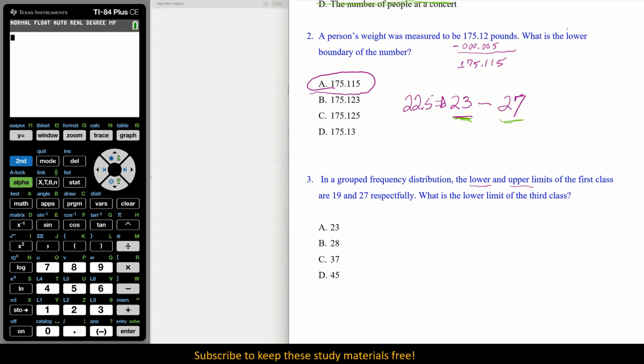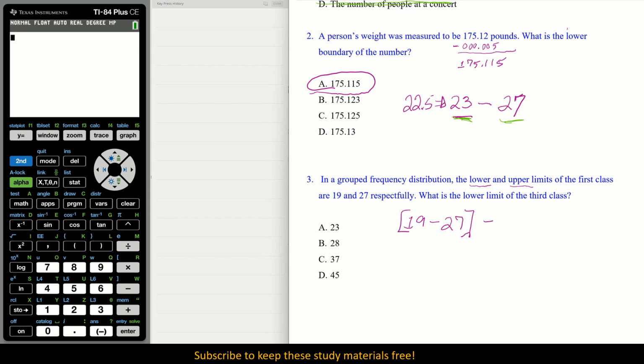In this case, for number 3, they're saying, what is the limit? The first class starts at 19, but then it goes to 27. So that's lower and upper.